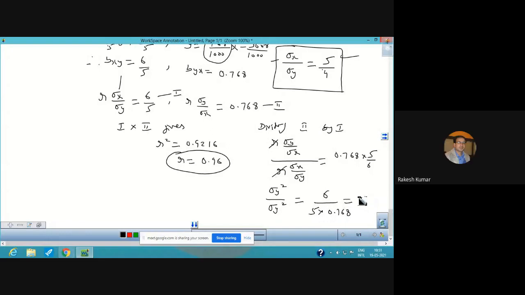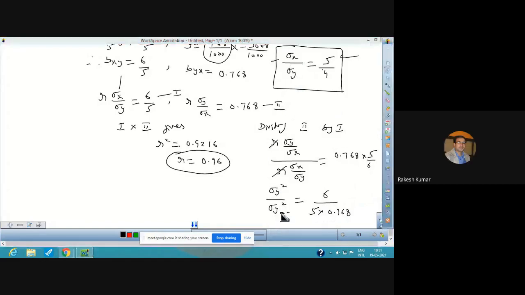We have to find out the ratio of sigma x over sigma y. But here we are getting sigma y square over sigma x square. So what we are able to find here is sigma y square over sigma x square.